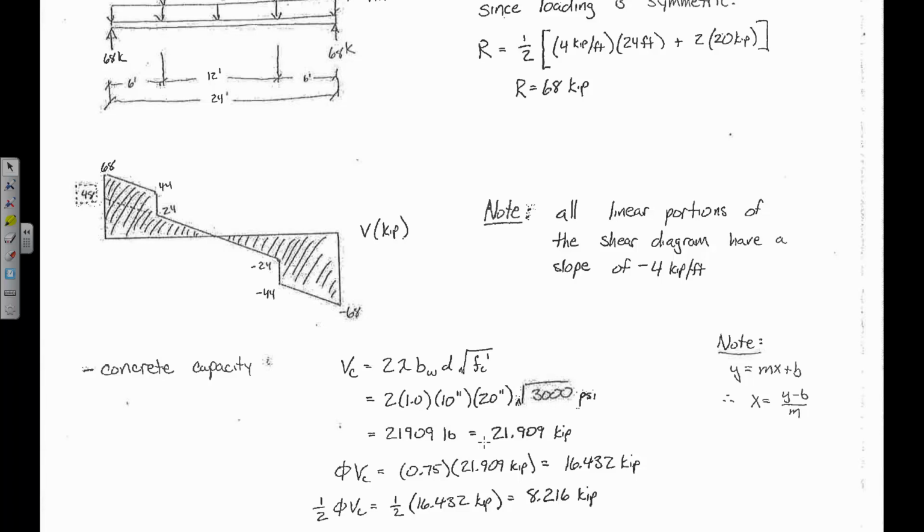That'll give you an answer in pounds. Okay? Now, we want an answer in kips because all of our loads all over here, they're all in kips. So I convert that to 21.909 kips. That's Vc. So I multiply by 0.75 to get phi Vc, and I multiply by half to get half of phi Vc. So that's obviously a lot faster than we do this in class because I go through and chug it out and have everybody second the values.